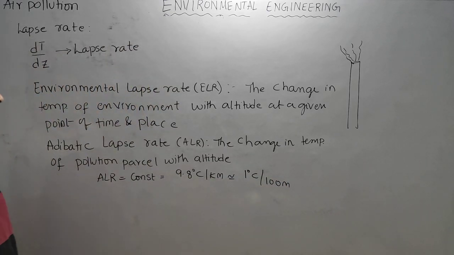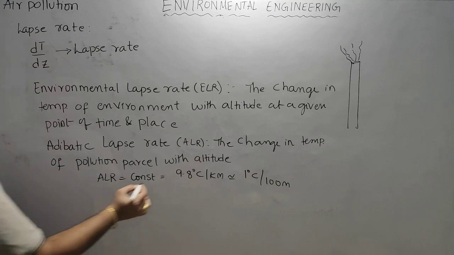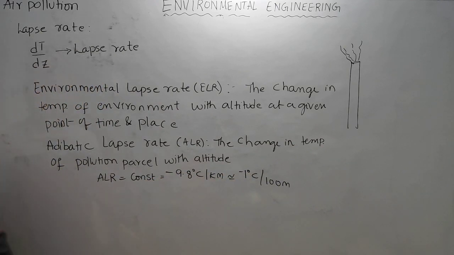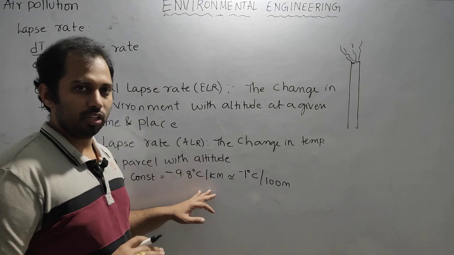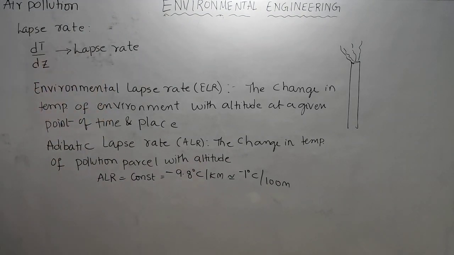This is an approximation. So always the air parcel temperature reduces by 9.8 degrees. So ALR is always constant. At every place, at every time the ALR is constant, which is equal to 9.8 degrees centigrade.